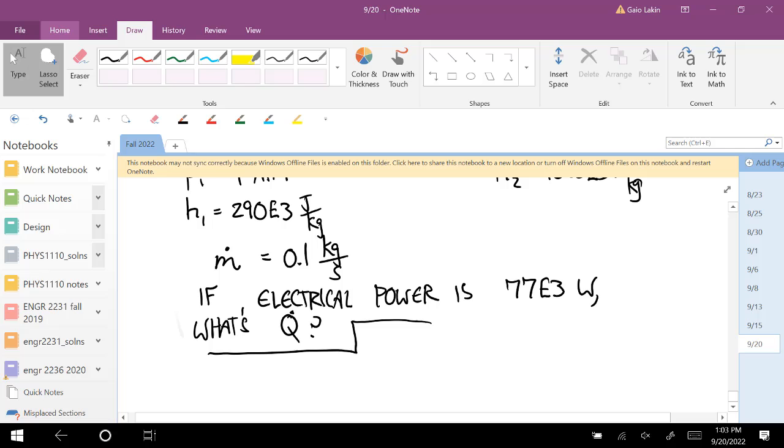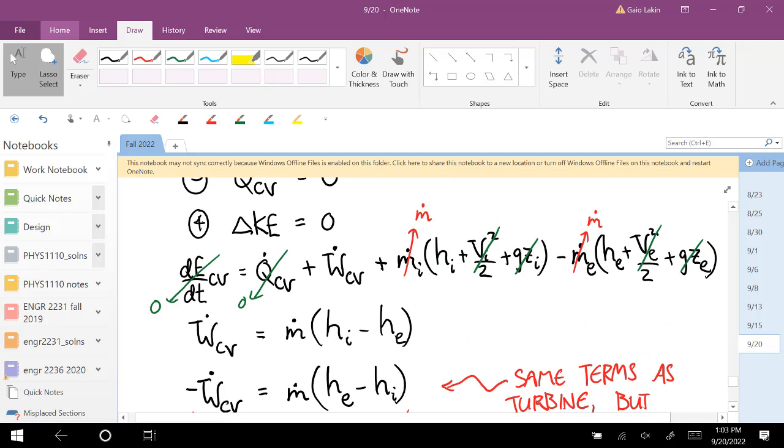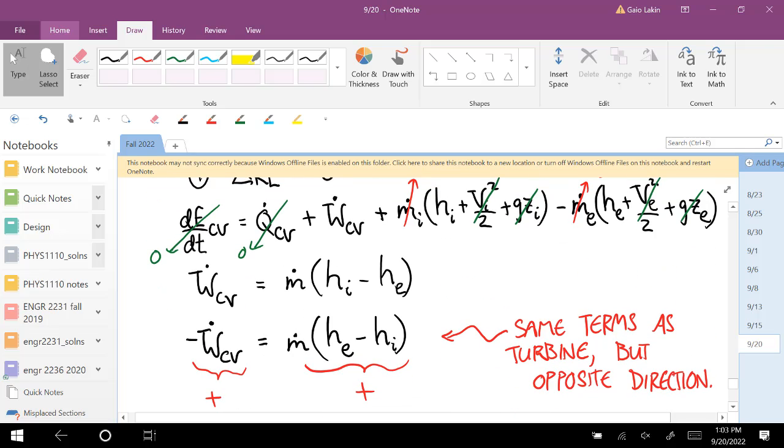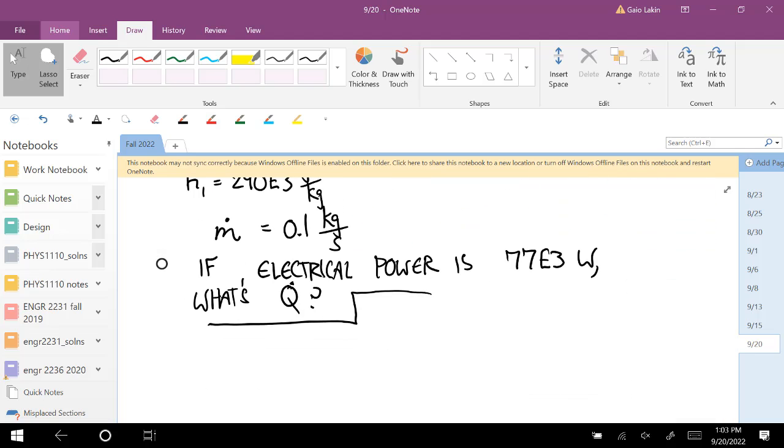Okay, so for this one, since we're dealing with Q dot, we know we're not using the model exactly that I just brought up. So let's start with the original thing and cancel stuff. I know you start to get sick of writing this whole thing, but it's a good way to remember it.